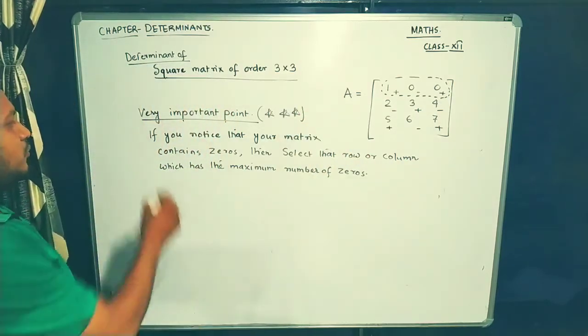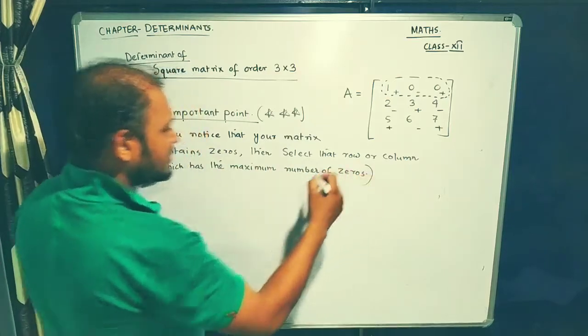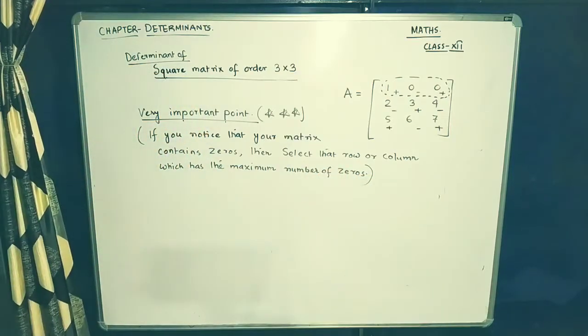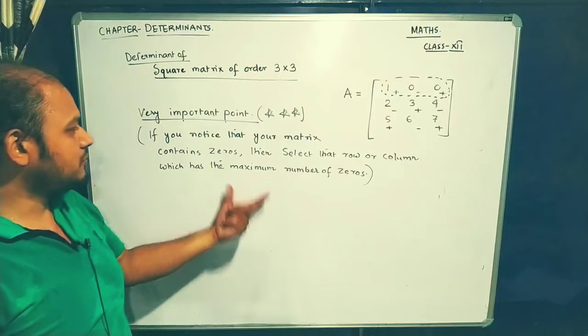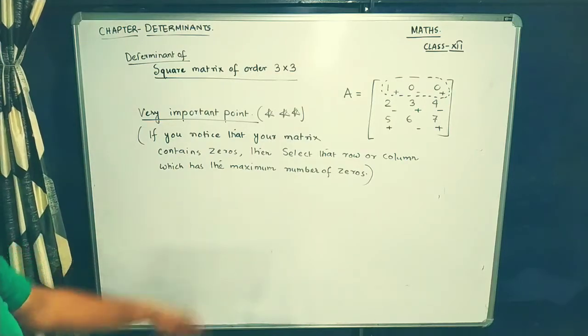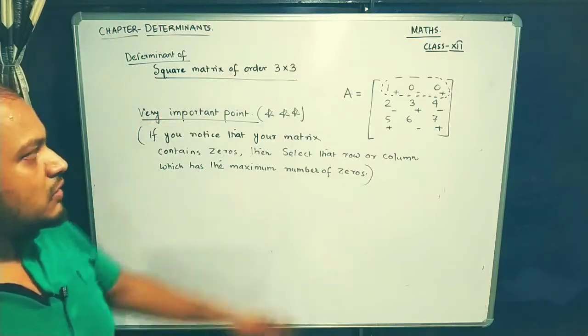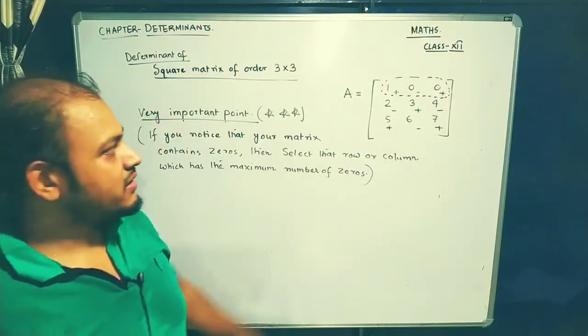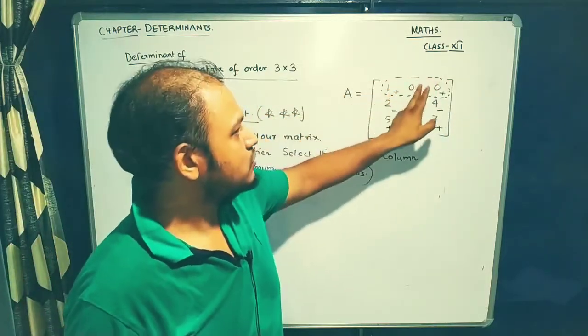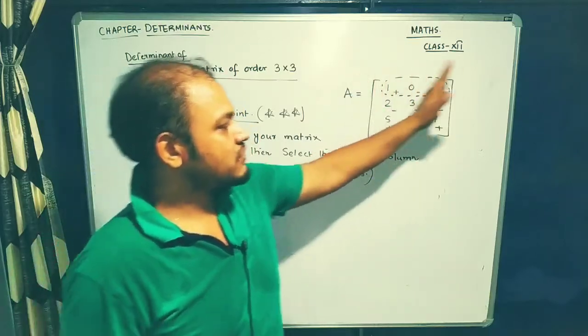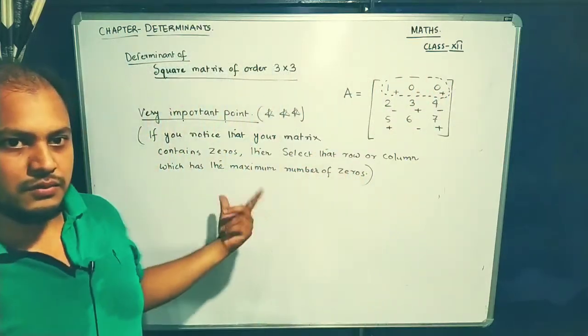This is a trick to reduce the complexity of calculations. You should select that row or column which has the maximum number of zeros. In this particular matrix only the first row contains 2 zeros, so you select the first row and apply the formula.